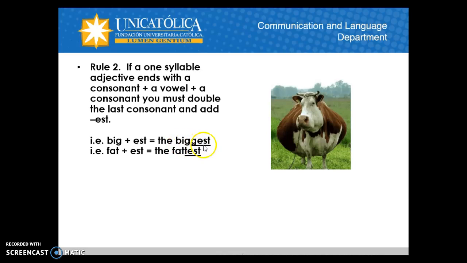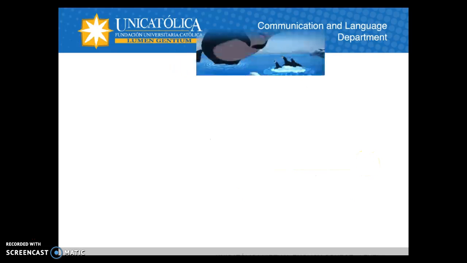So the biggest, the fattest, okay? Look at the picture. So the cow is the fattest. It's like a balloon.